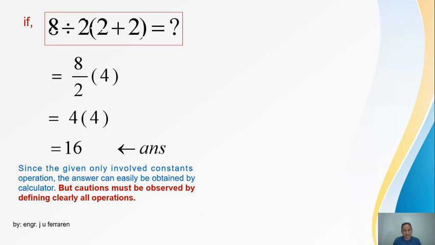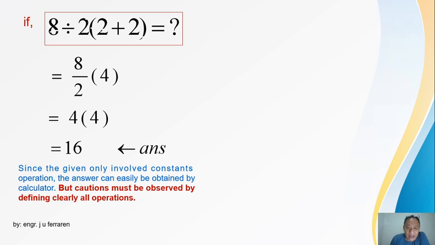But is it really easy to obtain, or will you also end up with confusions? Now, question. In using a calculator, one must observe that all operations will be defined clearly. So if there is multiplication, put the operation of multiplication. If there is division, then you put the operation of division, or whatever operation that your series may contain.